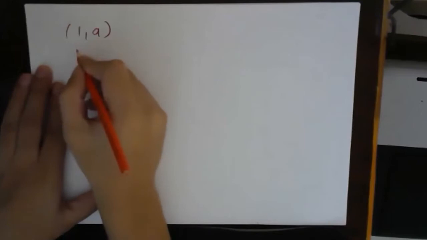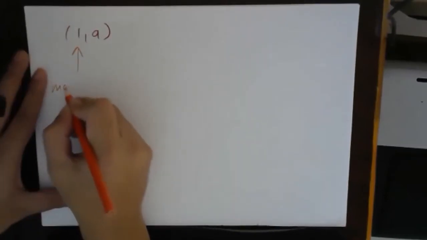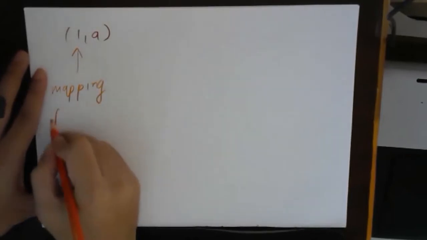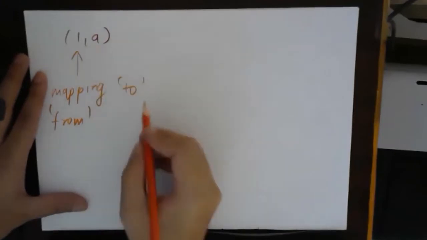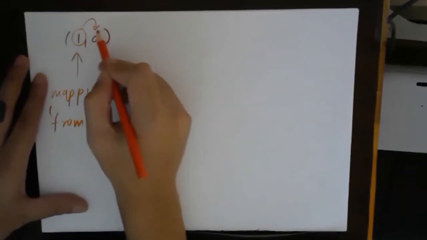For the sake of similarity between everyone who is looking at this 1 comma a, what we will understand by this is that this is a mapping which is done from some set which contained an element 1 to some set which contained element a.